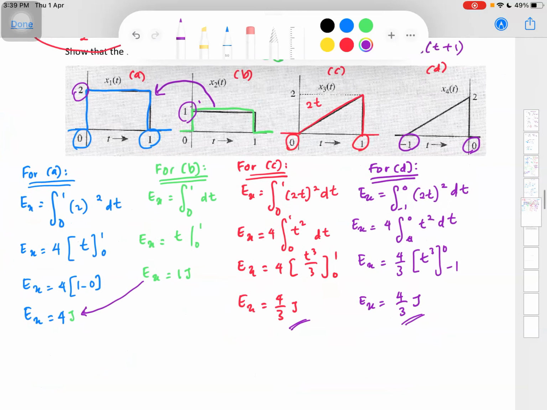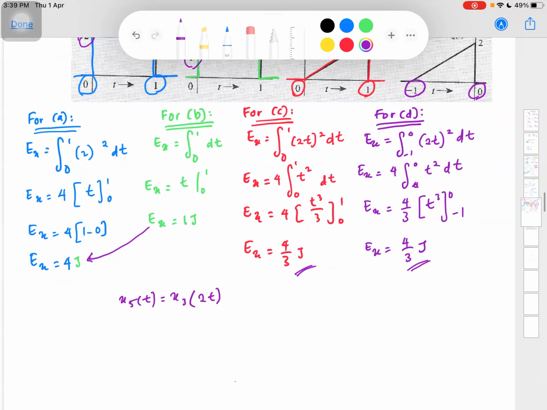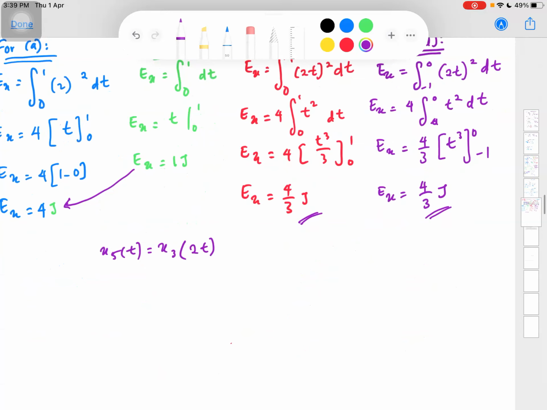However, let's say we have x5 of t, which is x of 2t. The signal is scaled instead of shifted.